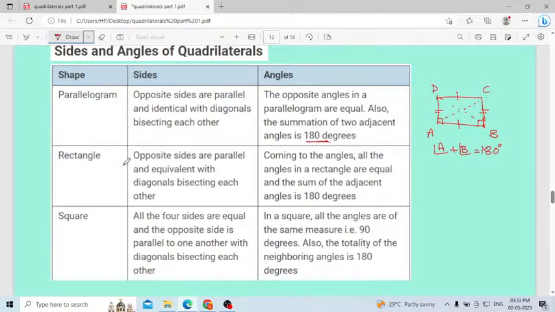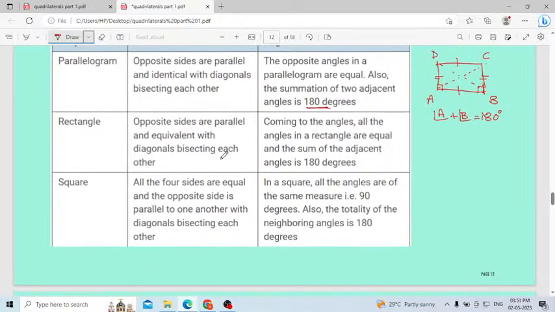Okay. Next one, the rectangle. A rectangle also contains opposite sides that are parallel and equal, with diagonals bisecting each other. In the case of a rectangle also, opposite sides are equal. This side is equal to this one, this one is equal to this one. Here also the diagonals will bisect.